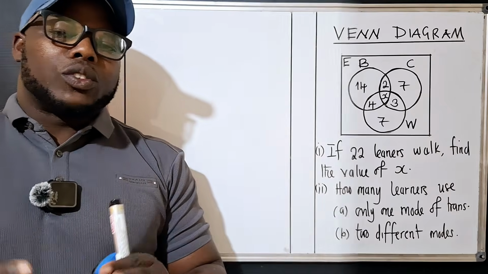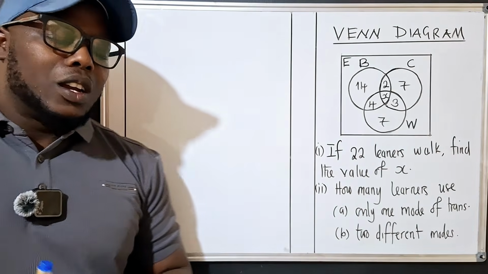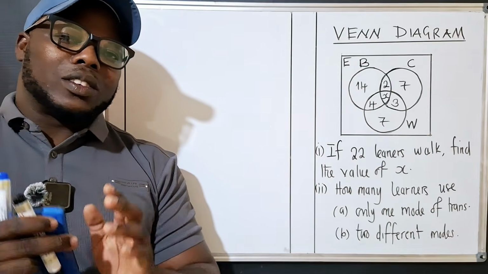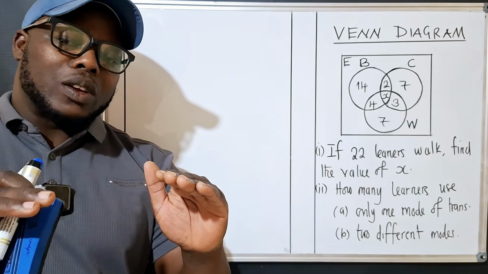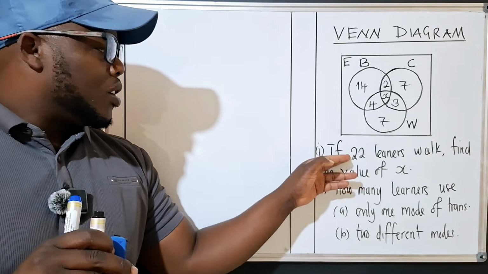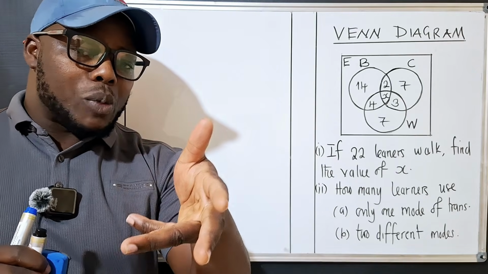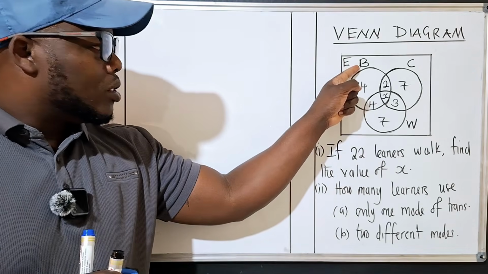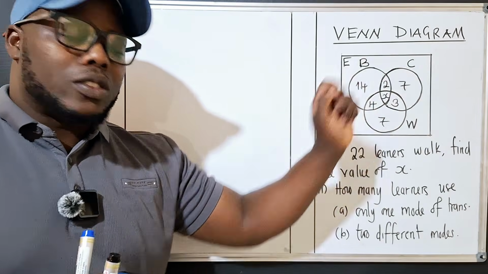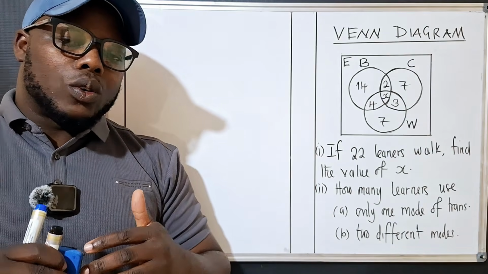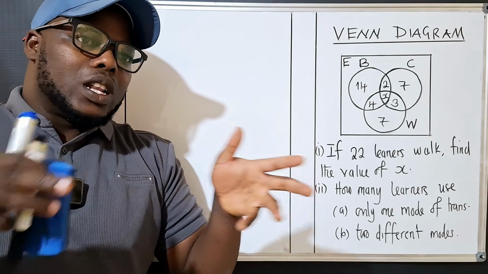For this question right here, it's very important that you understand the given information. Here they're saying if 22 learners walk. Remember, put it in your mind that this is bus, this is car, this is walk. Let's put this situation in this context.